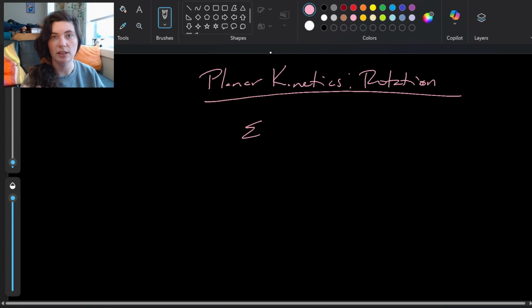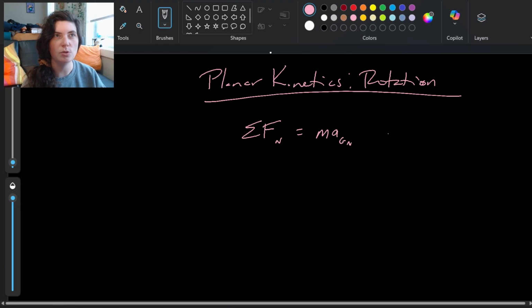So for the equations of motion that we're going to be looking at here, since we're moving in these rotations, it's going to be easiest for us usually to work with the normal and tangential components. So the sum of normal forces is m times aG in the normal direction.